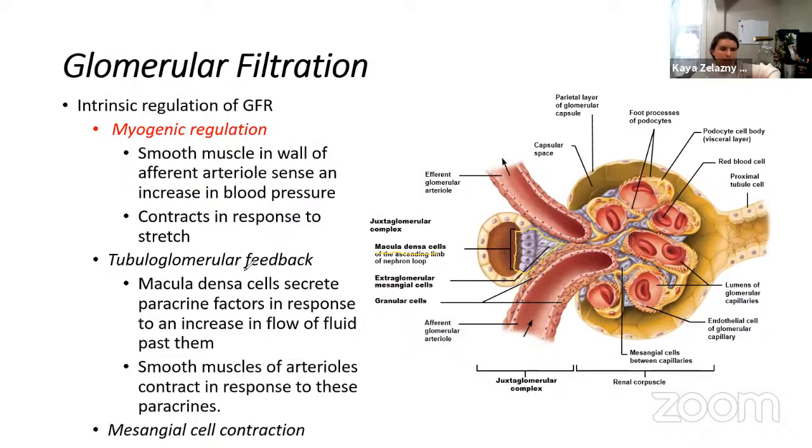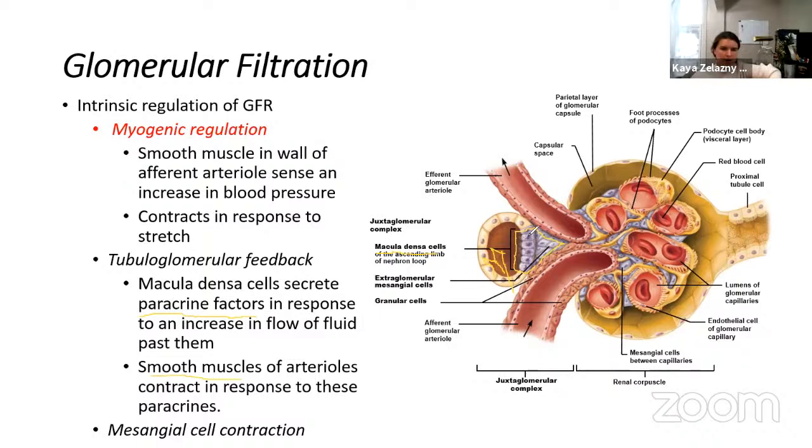And the macula densa cells are basically feeling how much fluid is passing by them. They're going to release paracrine factors, so this is basically a cell signal to local cells. The local cells that they are signaling to are the smooth muscle of the arterioles.